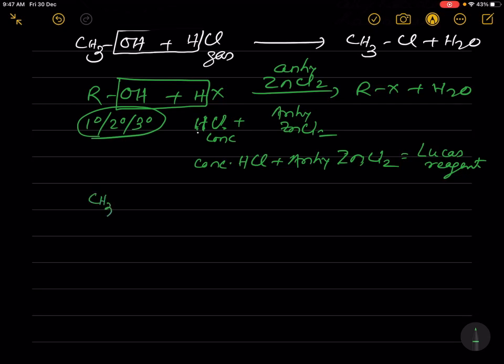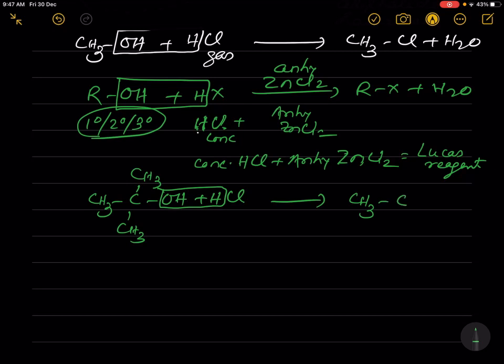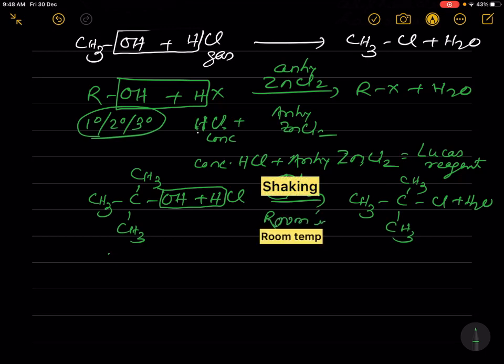Let us take tertiary alcohol. Tertiary alcohol on treatment with HCl gives tertiary butyl chloride and water. So simply shaking tertiary butyl alcohol with concentrated HCl gives the corresponding chloride, and this reaction takes place at room temperature.